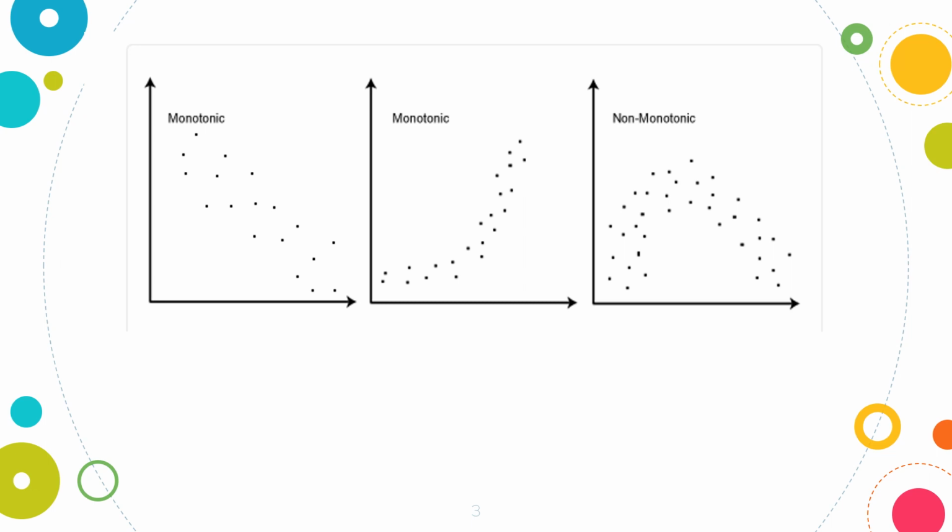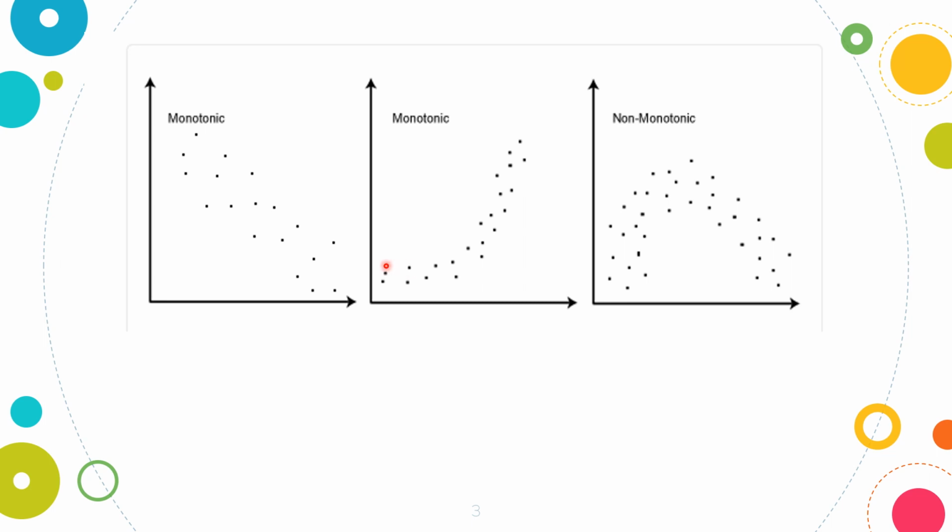For monotonic kasi class, the variables tend to move in the same relative direction. Okay? But not necessarily at a constant rate. Kung mapapansin nyo dito, ayan. So, this is a monotonic relationship. And this is also a monotonic relationship. This is a non-monotonic relationship. Kung mapapansin nyo, pataas ito, pero not from the linear relationship kasi, from the word line.